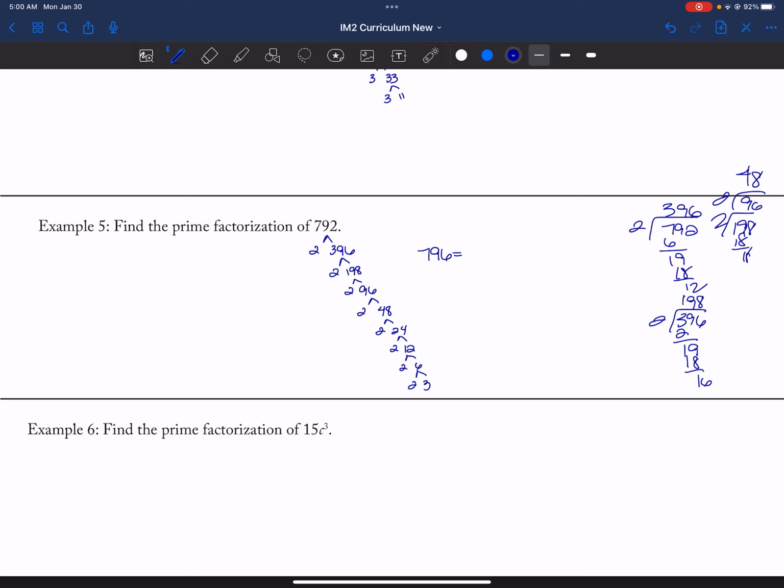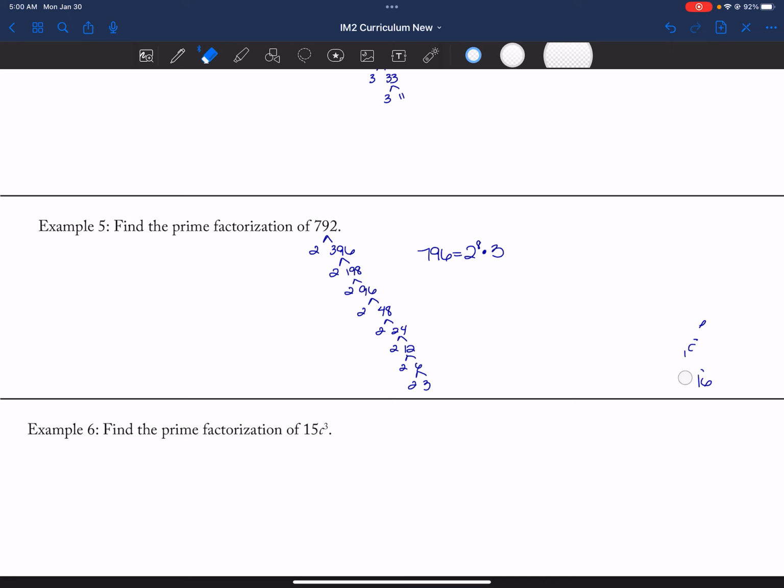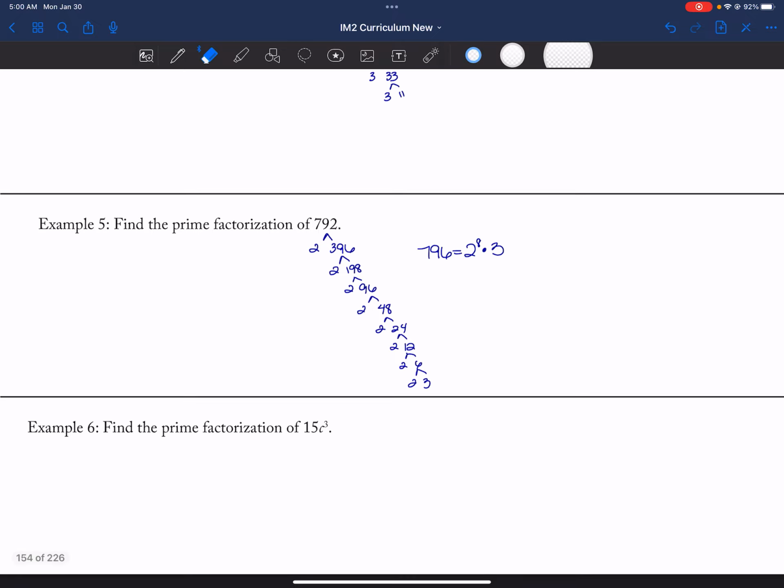Let's see, 1, 2, 3, 4, 5, 6, 7, 8. I could always multiply it out if I wanted to double check, but we'll just roll with it. We'll see what happens. Okay.